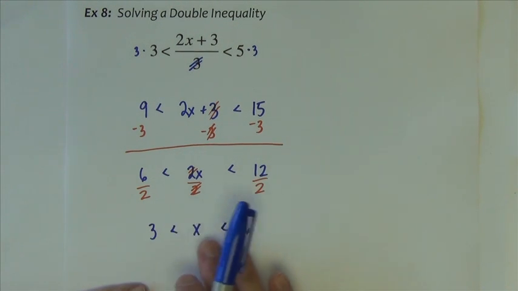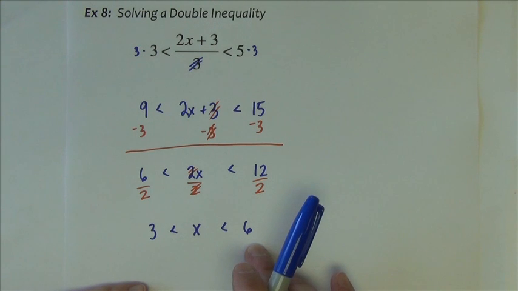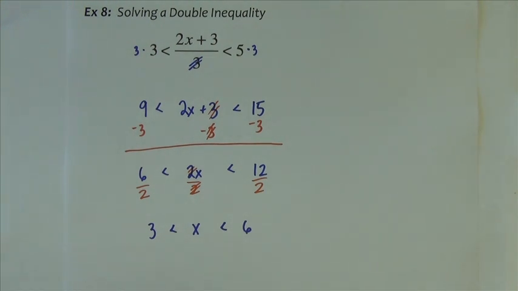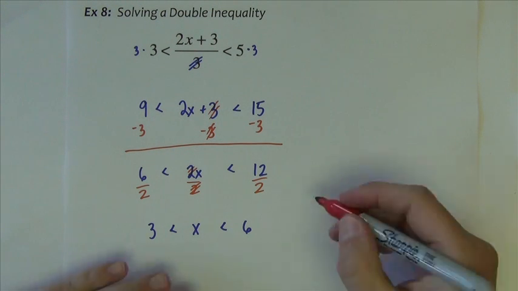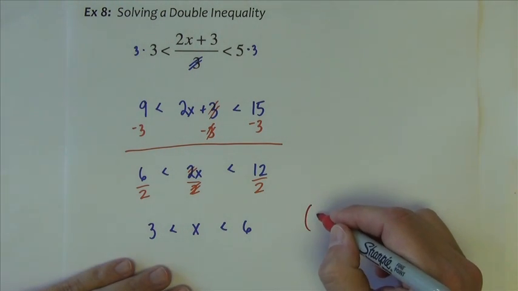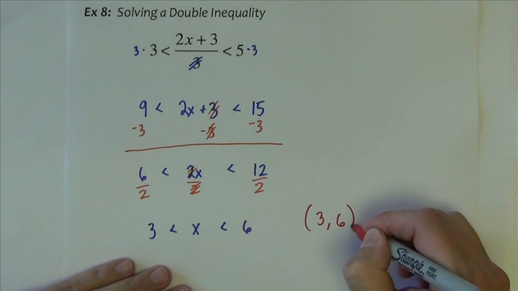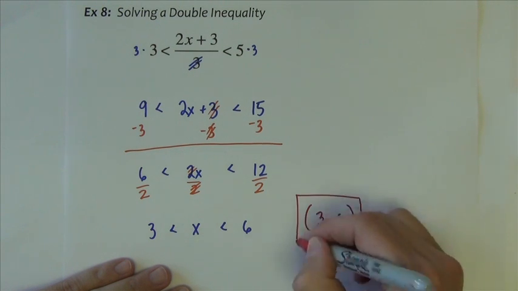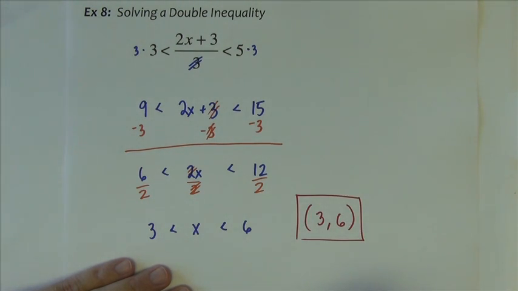It'd be open circles on both ends as we are not including the 3 and the 6, but knowing what the number line looks like leads me to my interval notation (3, 6), rounded on both numbers as we're not equal to on either number.